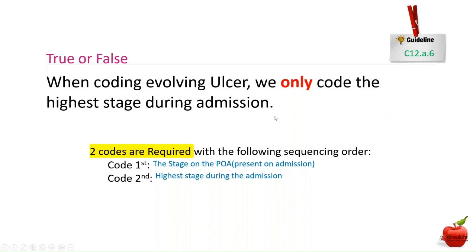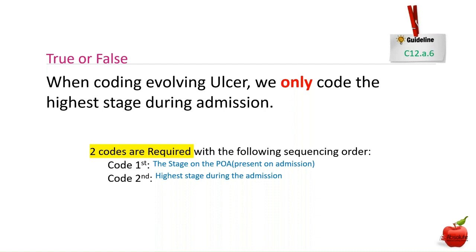this is false, and the reason it is false is because we don't only code the highest stage during the admission. You're going to need two codes that are required. So you're going to code the stage that is present on admission, and then the highest stage during the admission will go second. So if a patient comes in and they have an ulcer that is a stage 3 and the highest stage during the admission was a 5, you would not only code the 5, you have to code what the stage was on admission.